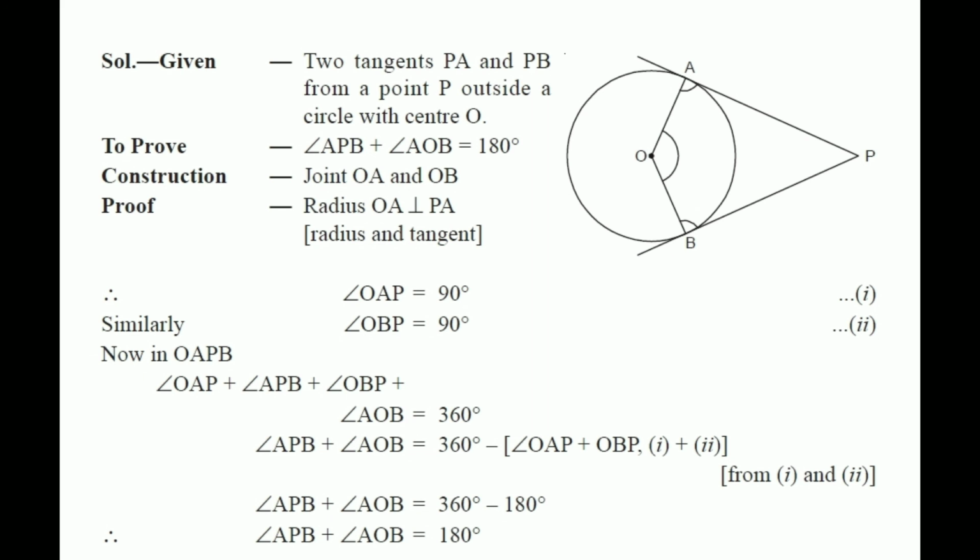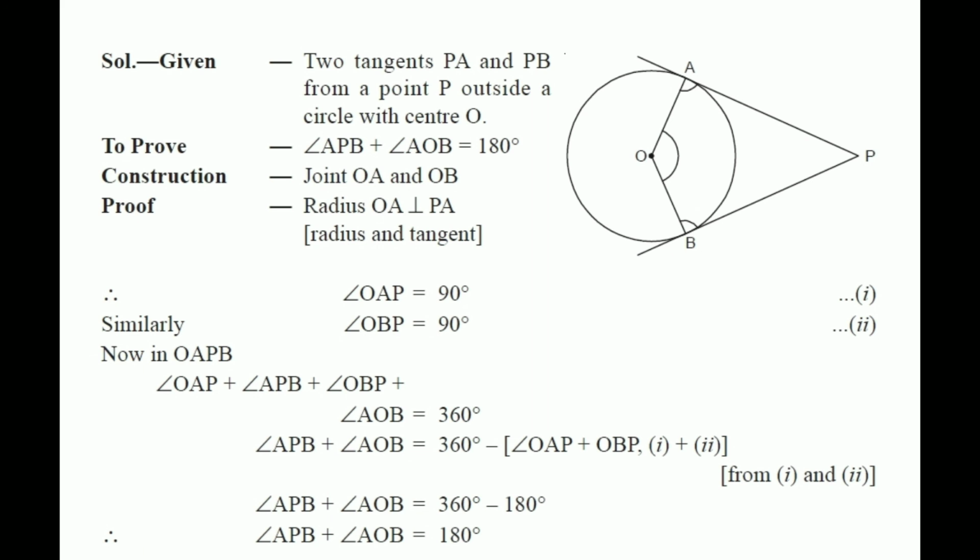They have the value 90 and 90, means 360 minus 180 degrees. We get angle APB plus angle AOB is equal to 360 minus 180, means equal to 180 degrees. In this way, we have proved that angle APB and angle AOB both are supplementary to each other.